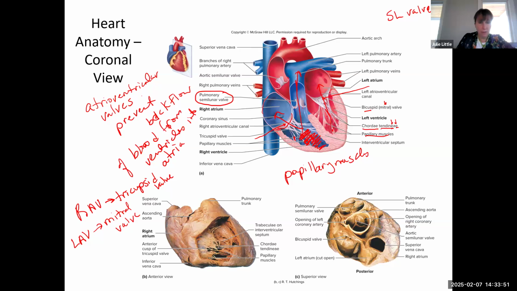These SL valves, the semilunar valves, are preventing blood from this left ventricle that's going to pump blood this way. And then when the left ventricle relaxes, the blood will tend to fall back into the left ventricle. Well, it can't, because this valve will be closed. Likewise, when the right ventricle contracts, it sends blood up into the pulmonary trunk.